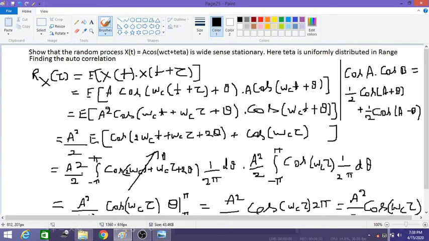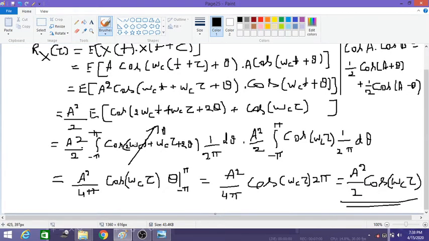So we obtain a square by 2, which I have taken outside, times the expectation of cos of 2 omega c t plus omega c tau plus 2 theta, plus cos of omega c tau. Cos of omega c tau is a constant in this term. Now when we integrate this term, again we apply the cos a plus b formula. When we simplify, ultimately this term will go to 0, like we have seen for the previous case.